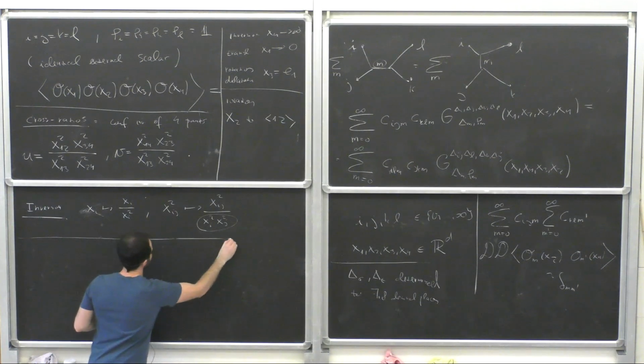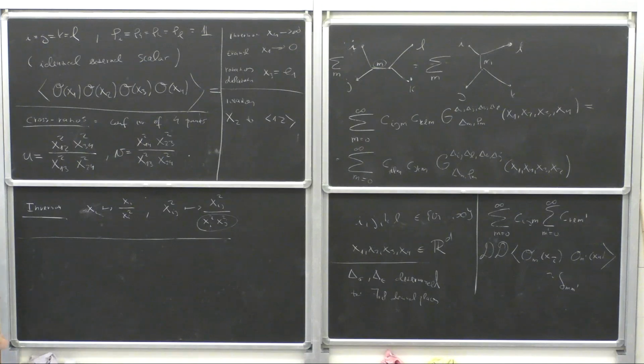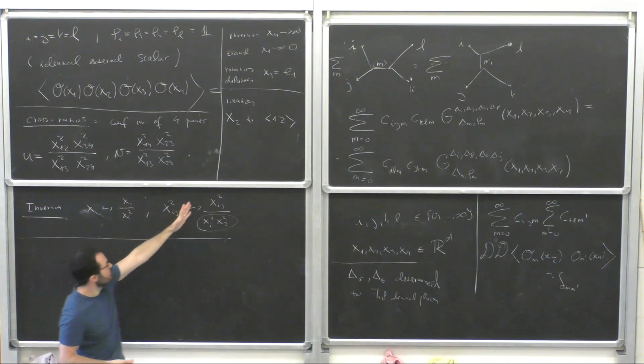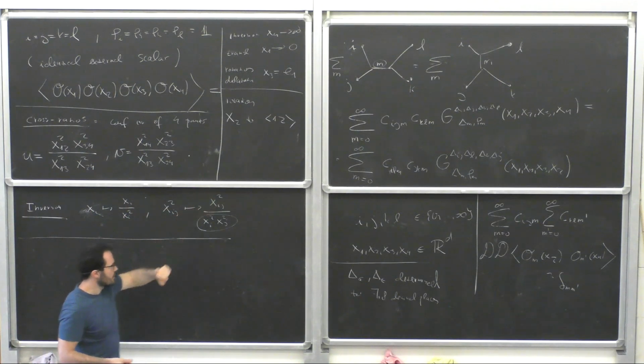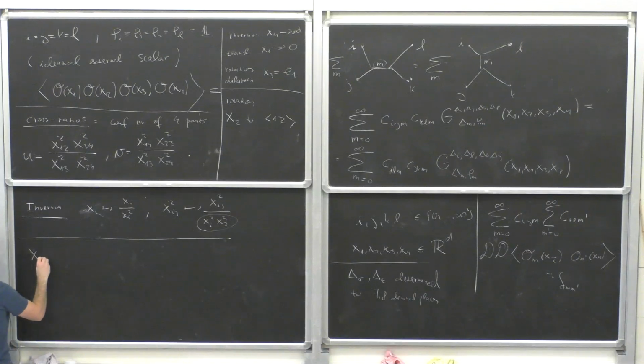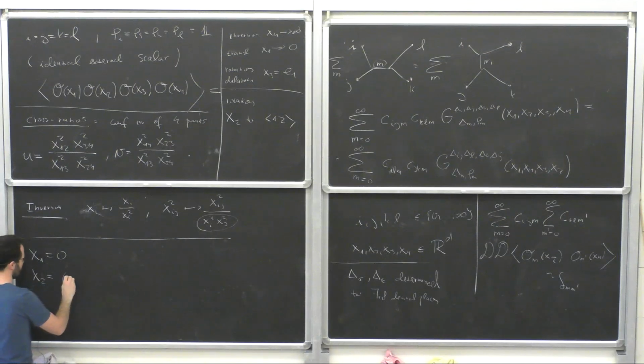In fact, we can just do it. So let's go to the configuration that we said before. x1 is at 0, x2 is in some coordinates. Let's use complex coordinates, z and z bar. So x2 is in a 2-dimensional plane.